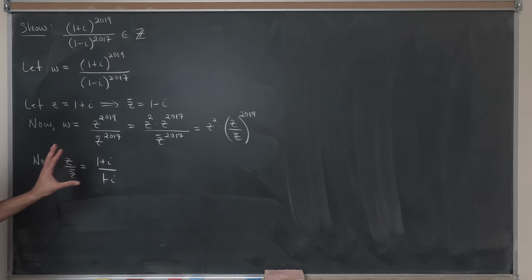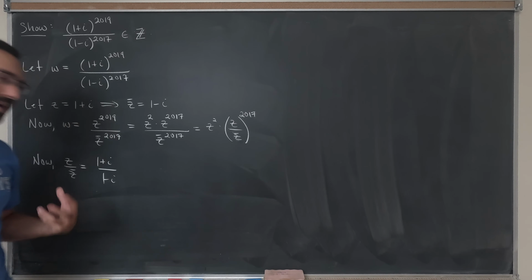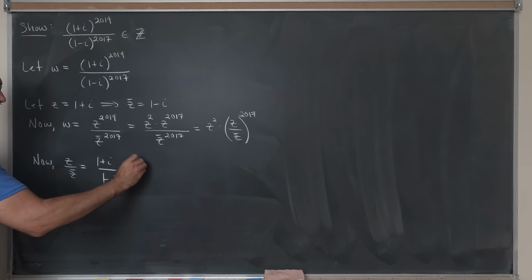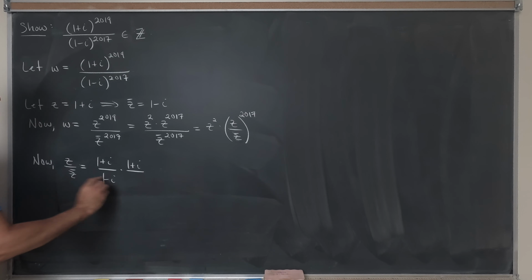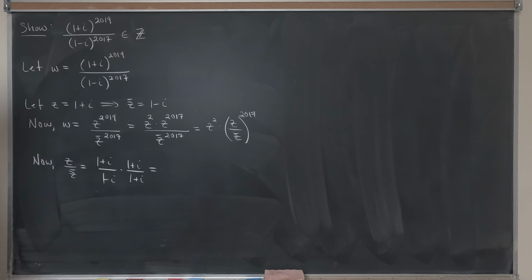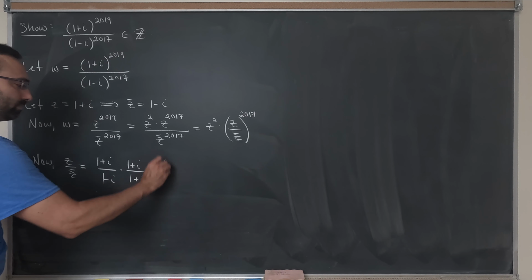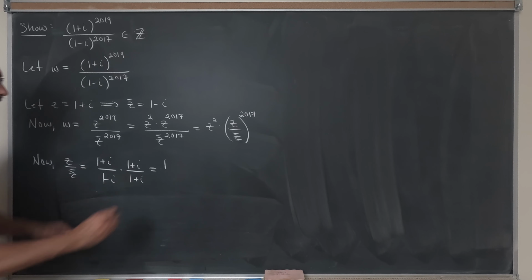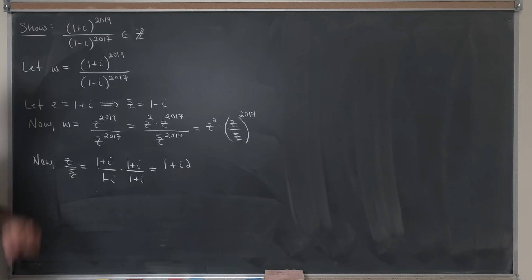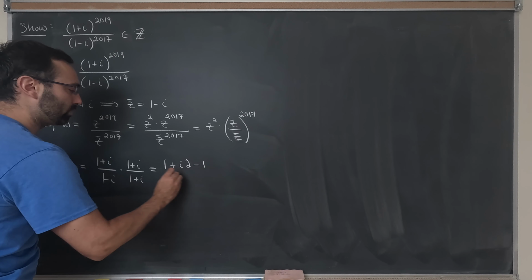And let's see if we can simplify this a little bit so that we don't have a fraction. We can multiply top and bottom by the complex conjugate of what we see down here. And so what do we end up getting if we multiply across? We get 1 plus i is 2i, and then plus i squared, well, that's just minus 1.